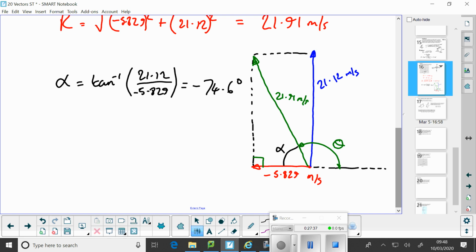I say that's minus because it's in this quadrant, it's gone from here round clockwise. So the magnitude of that angle is 74.6 degrees.